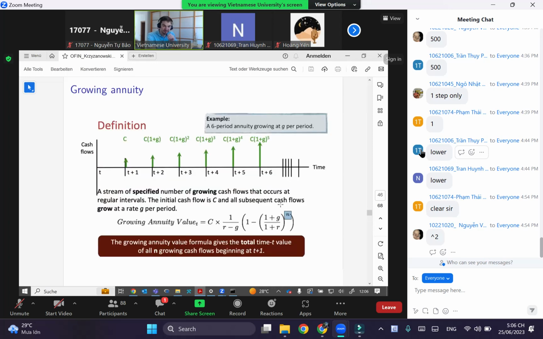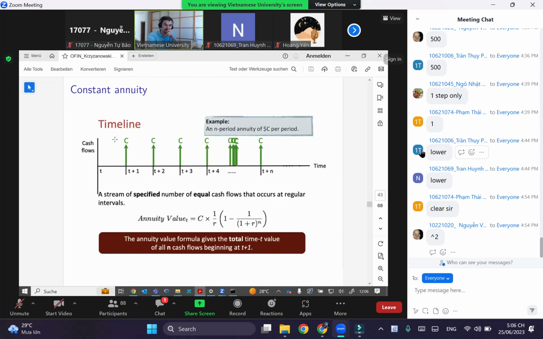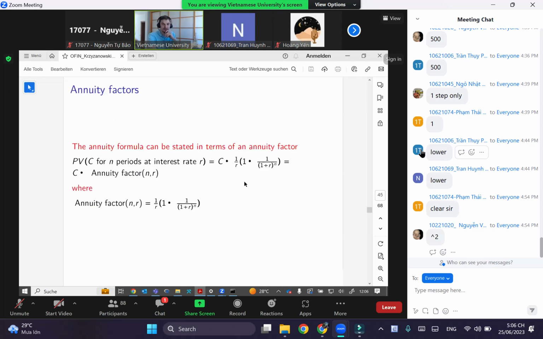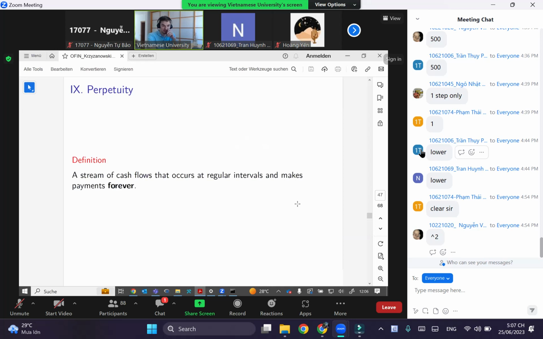Apart from these constant annuities with constant rates over a fixed number of time, and apart from this growing annuity with constant but growing payments over time over a specified finite number of periods, there is also a so-called perpetuity, right?